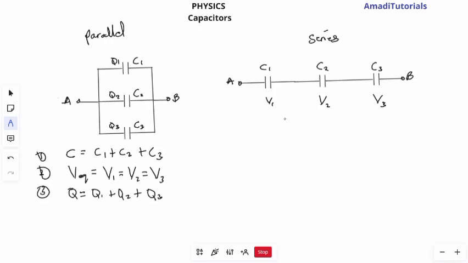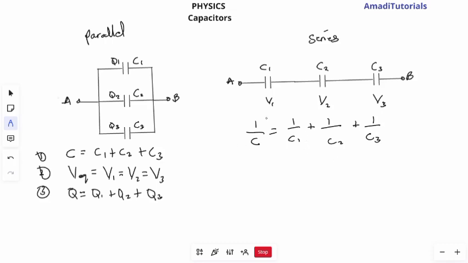So if we come to the series connection, the equivalent capacitance C is given by 1 over that equivalent capacitance equals 1 over C1 plus 1 over C2 plus 1 over C3.